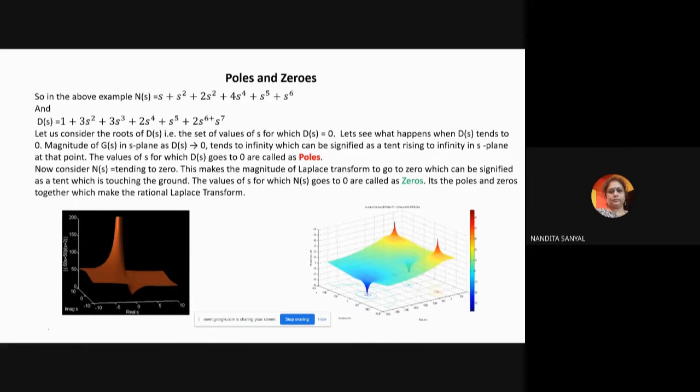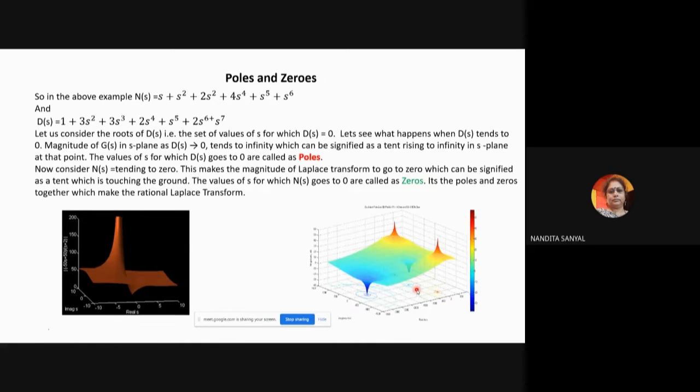So from these two figures, let us consider these are the two axes. This is the real axis in the s plane, and this is the imaginary axis in the s plane. Here also in this figure, we always talk about the s plane. That means we know s is a complex operator.